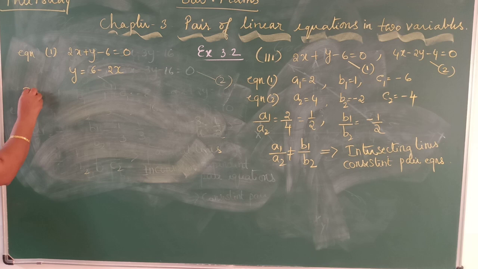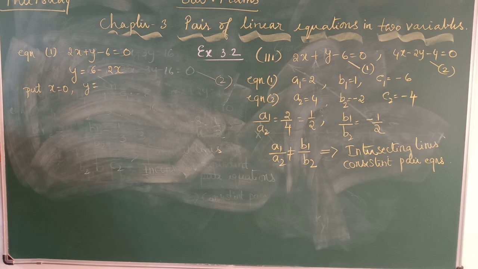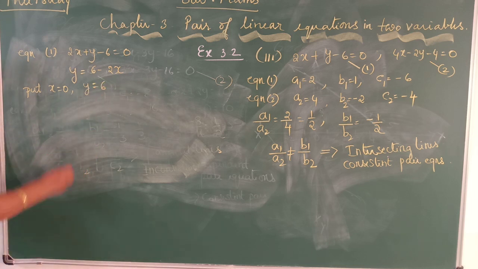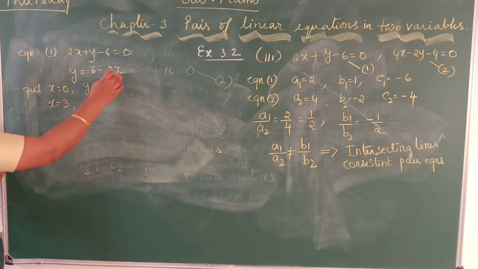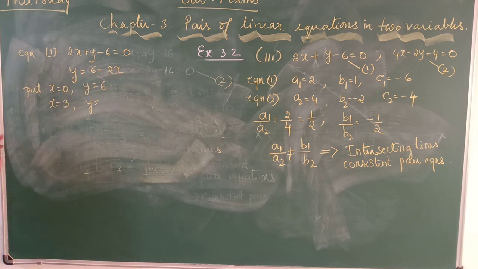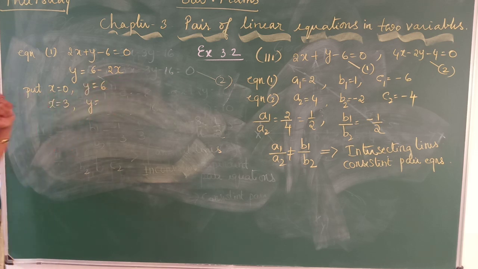Now put x as 0. Y is 6 minus 2 into 0, which is 6 minus 0, which is 6. Then take x as 3. We get 6 minus 2 into 3, which is 6 minus 6, equal to 0.